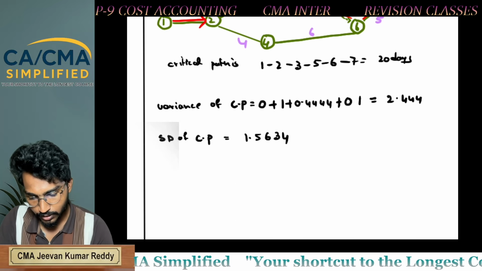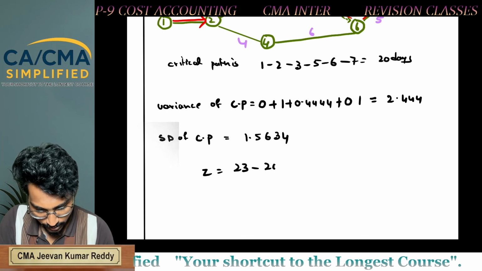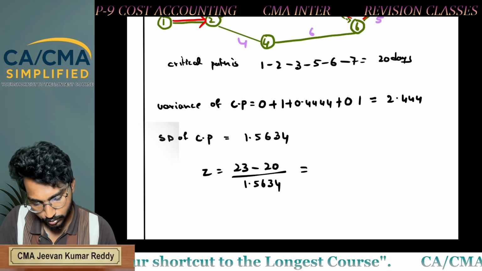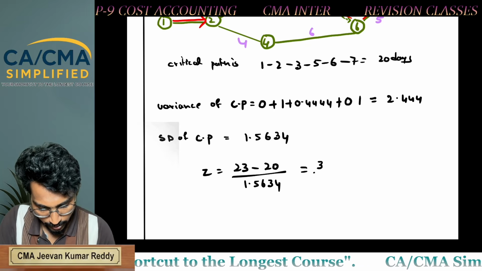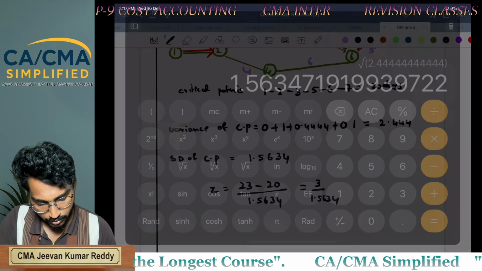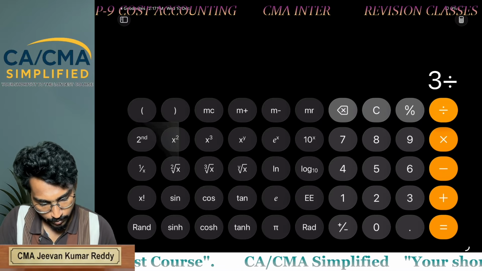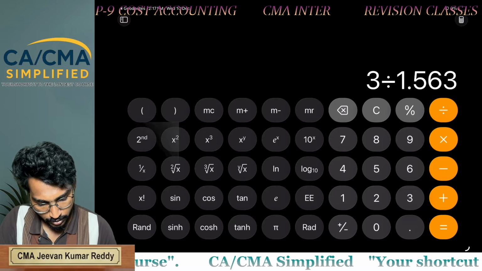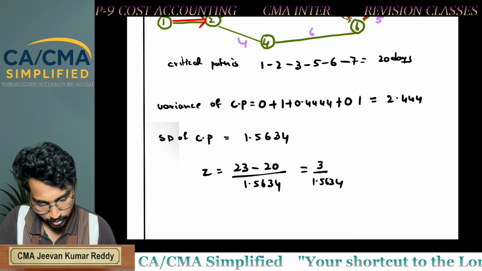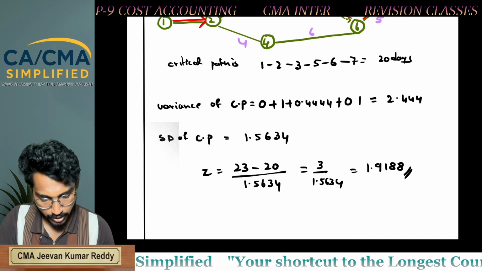Now Z equals 23 minus 20 divided by 1.5634. That comes to 3 divided by 1.5634, which is 1.9188. This is your Z value.